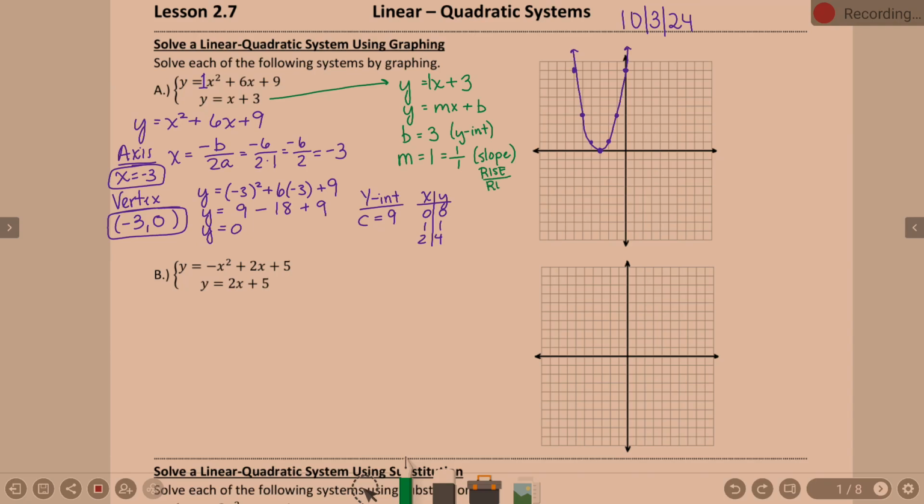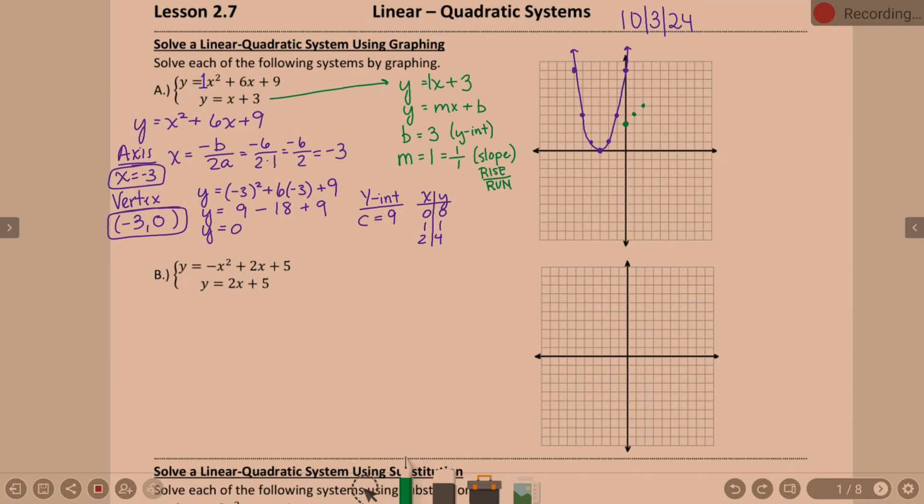Okay, so let's graph this line. I'm going to start with a y-intercept at 3, which means I'm going up 3. From that, we're going to rise 1, run 1. So up 1, right 1.